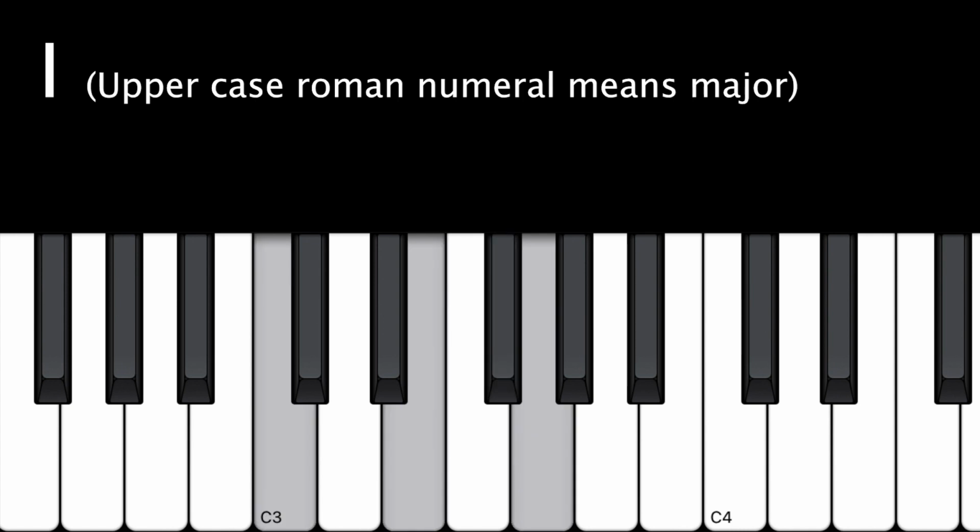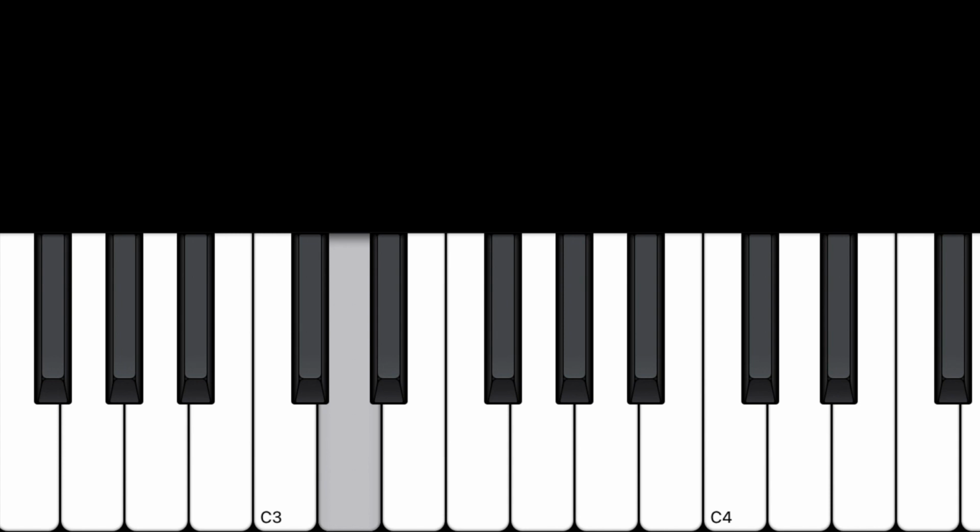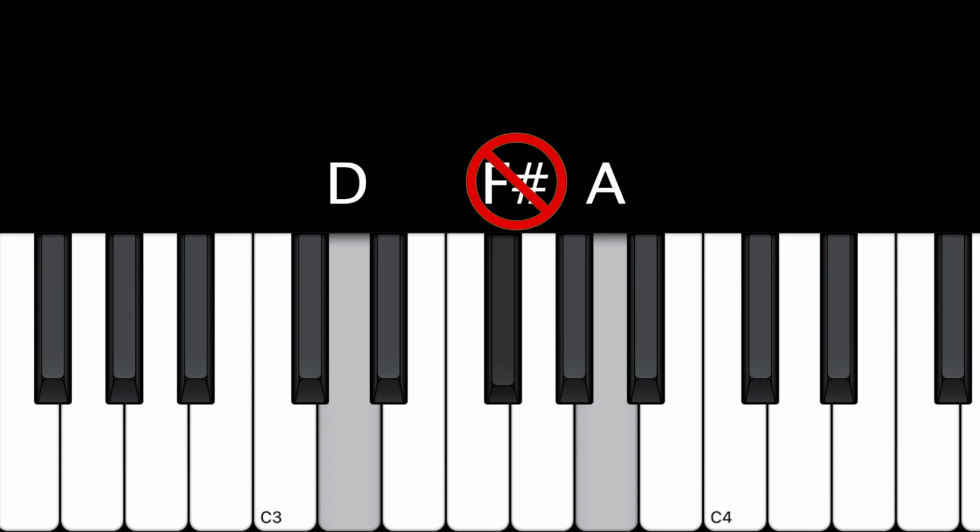So chord number 1 in the key of C major, it's no surprise, or it shouldn't be, is in fact C major. The next note we'll go into is the D. I'm going to try and build a major chord off that D note and see whether it works within our scale, okay? So here's a D. I count 1, 2, 3, 4, 1, 2, 3. I mean, it sounds nice. It's a major chord, sounds super beautiful, but this F sharp is not within our scale.